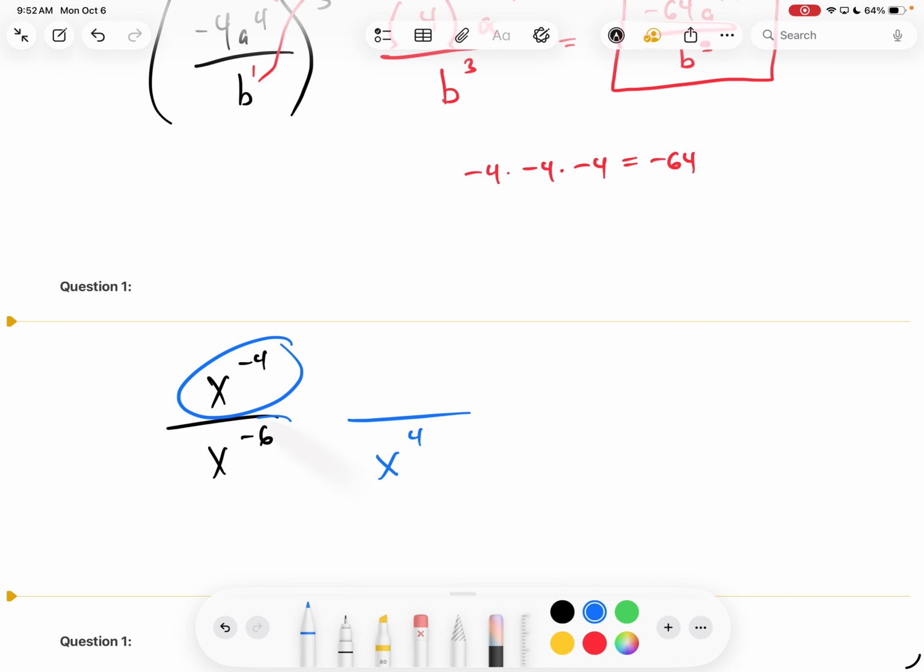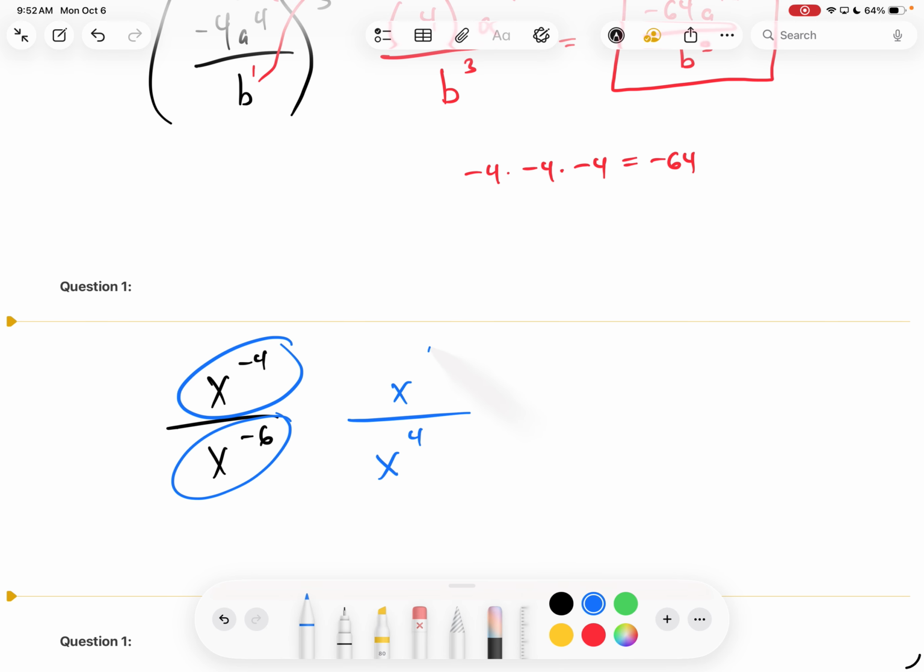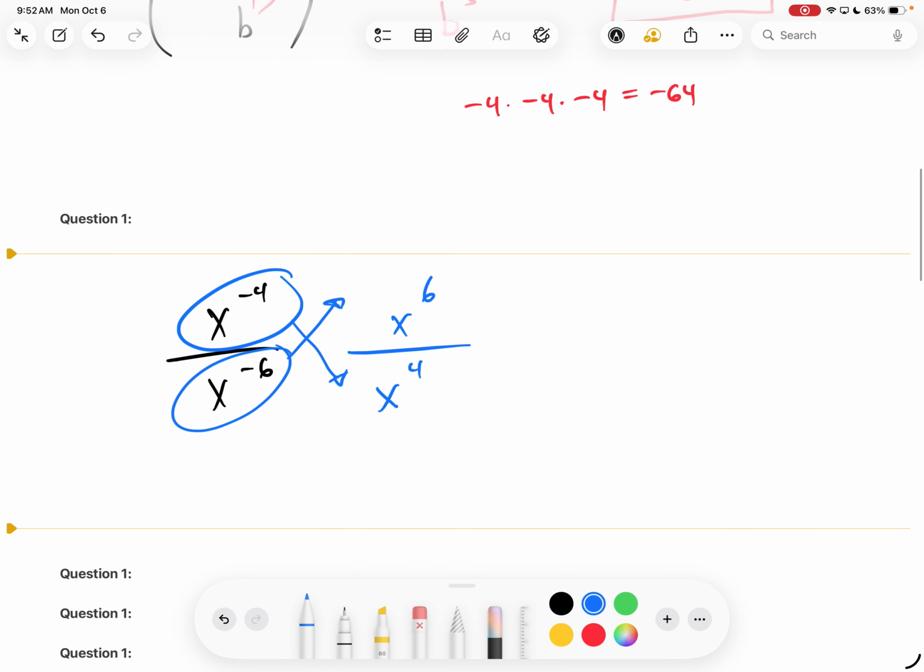To get rid of this negative, I bring it up here. So I drop this one down, and this one goes up, and that makes it positive. Now I have 6 x's on the top and 4 on the bottom, so I got 2 extra on top. If you need to write it like this, just to make sure, that's fine. Like you got 2 extra x's on top.